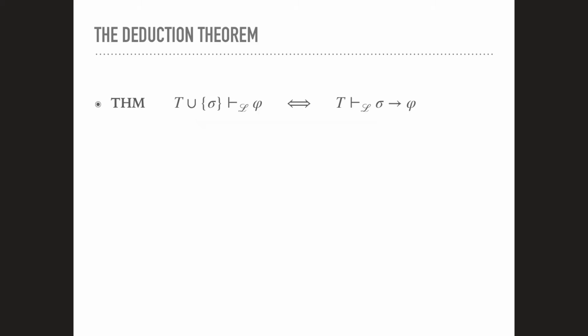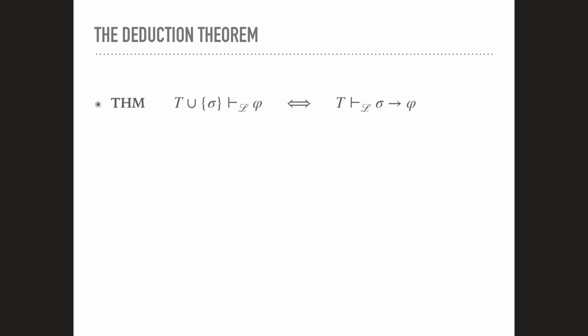Often when we want to show an implication holds, the proof we come up with works as follows. Let's assume we want to show the implication sigma implies phi. The proof would work: let's assume sigma holds, and then we show that phi holds too.